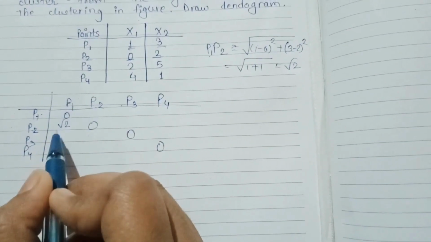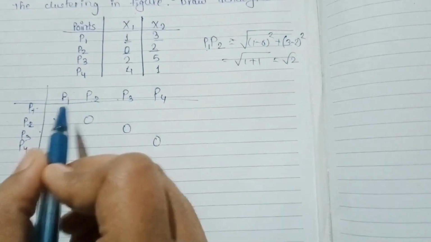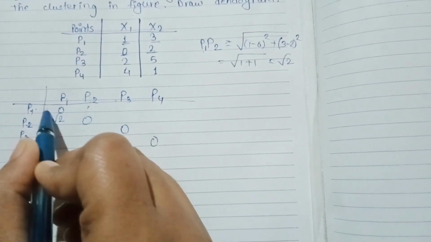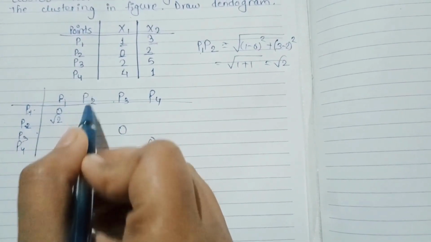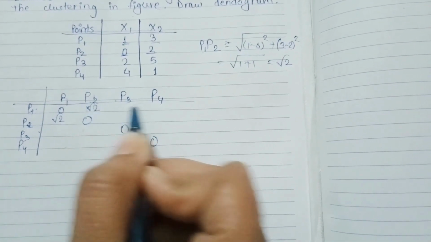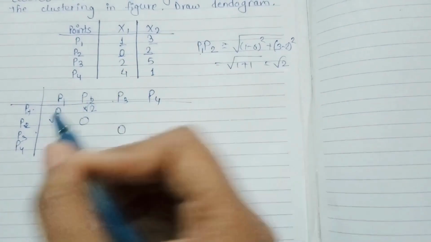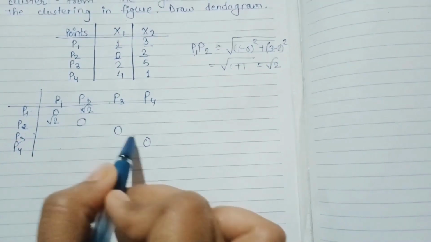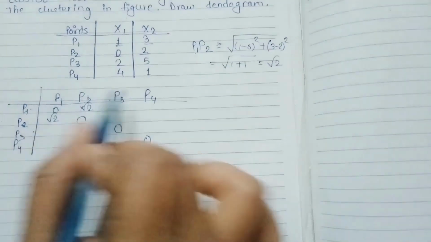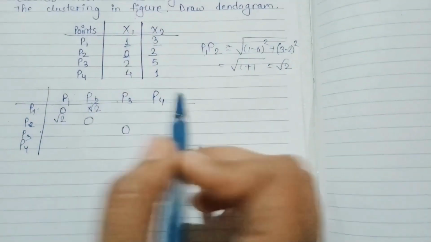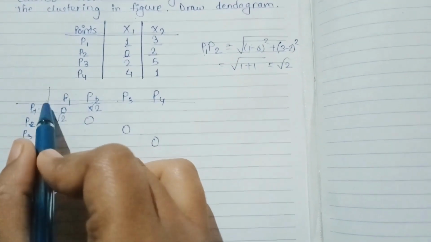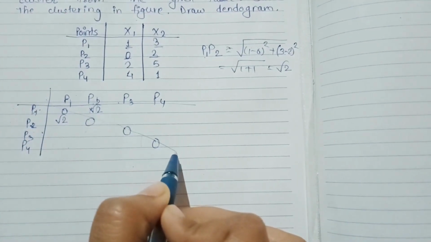Similarly, P2 to P1 is the same as P1 to P2. We know about the lower triangular matrix and the upper triangular matrix; the values of both will be the same, hence I'm simply writing the lower triangular matrix.